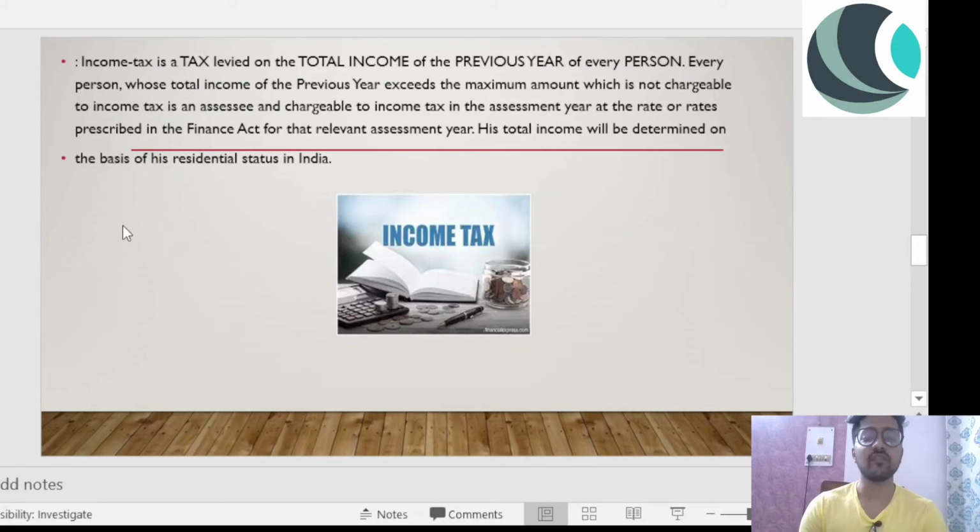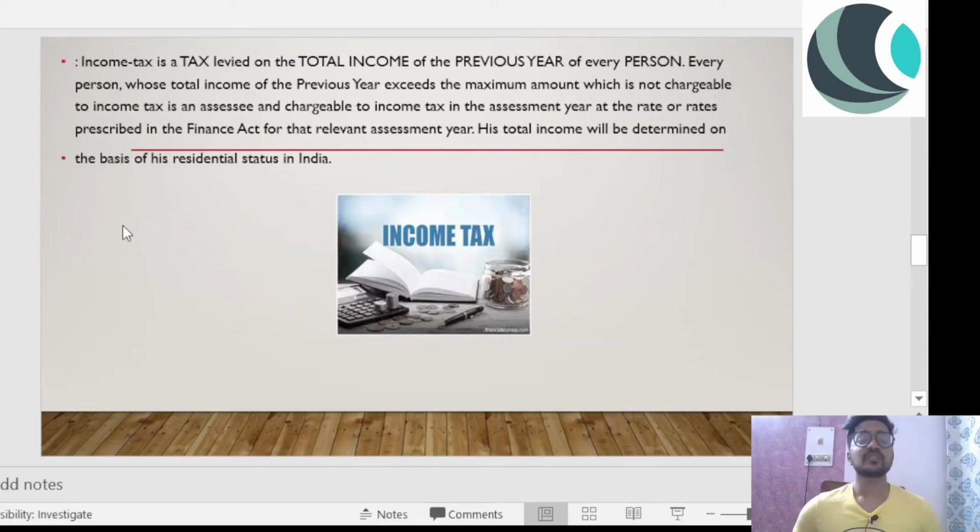So basically, every person whose total income of the previous year exceeds the maximum amount which is not chargeable to income tax. Let's suppose the tax bracket starts after 3 lakh 50,000 per annum. If your income exceeds 3 lakh 50,000 in the last year, you will be charged some amount of tax depending upon how much you have earned more than 3 lakh 50,000, right?